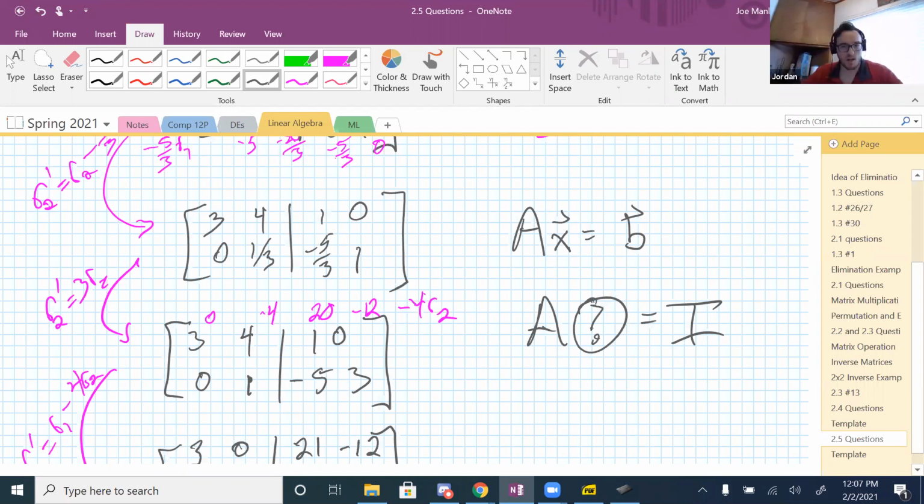Okay, cool. I haven't started 2.5 yet, but would the method and thought process be similar in a 3x3? Yeah, and also, does it have to be square? Matrices do have to be square to have an inverse.